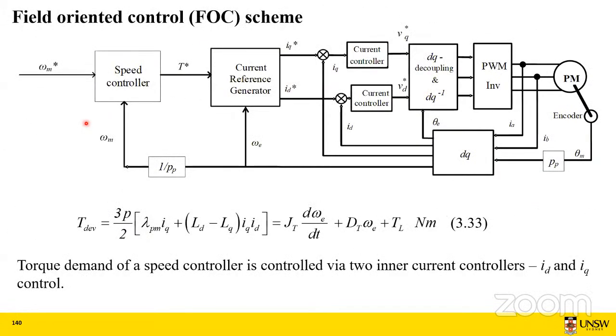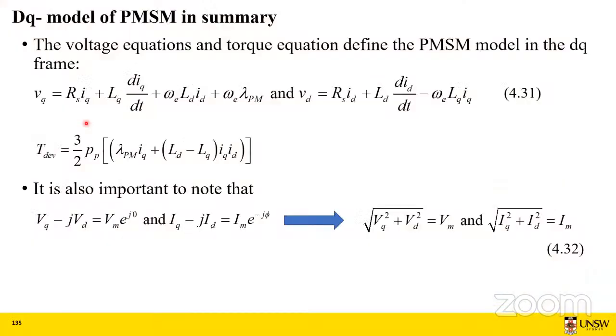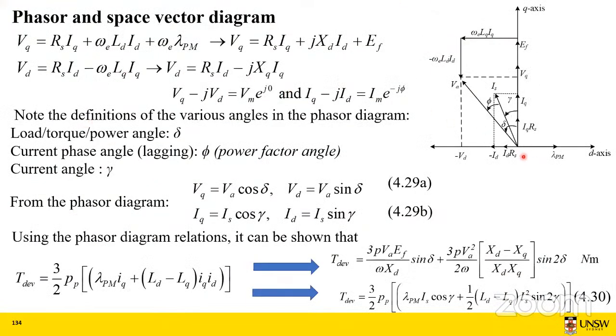ID 0 control is best for surface type PMSM. If we go back and look at the phasor diagram here, if ID is 0, that means your IQ current is your IS, because ID 0 means IS and IQ are the same, right? Then obviously you will not have this component as well, and the voltage phasor is going to be here.